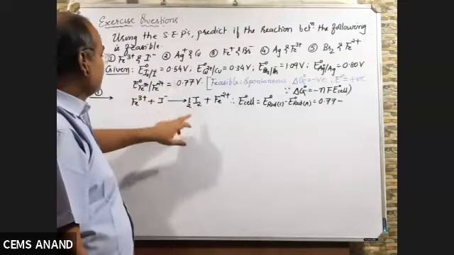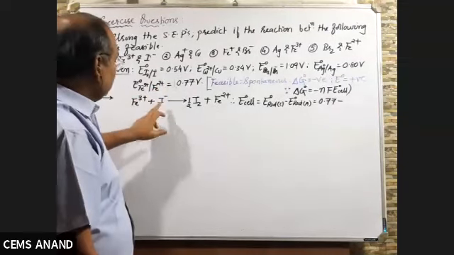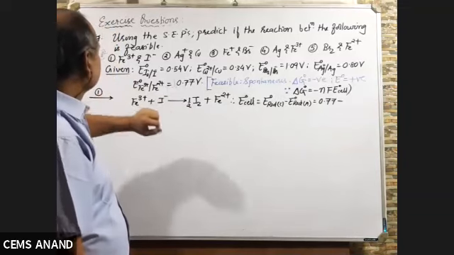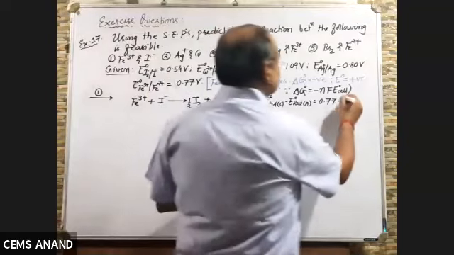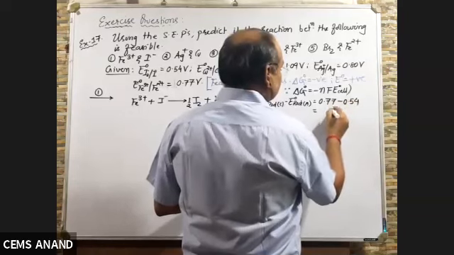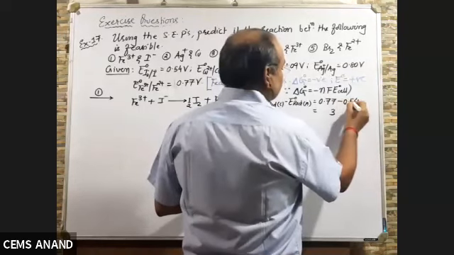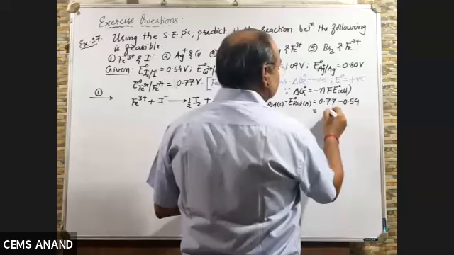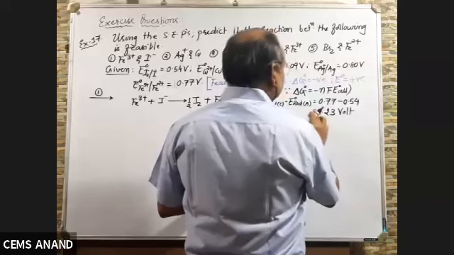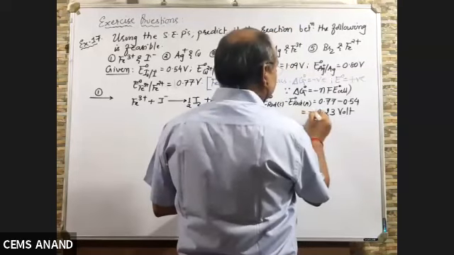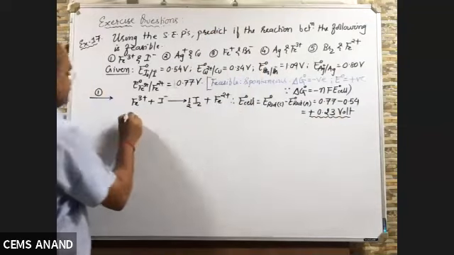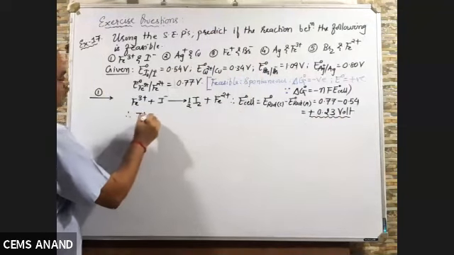At the anode oxidation takes place, but iodine will be there, so the iodine value, given to you here, is 0.54. If you subtract, 0.77 minus 0.54 gives 0.23. Is it a positive value? Right? Therefore, the above reaction is feasible.